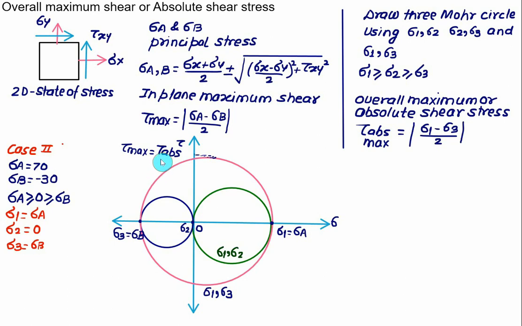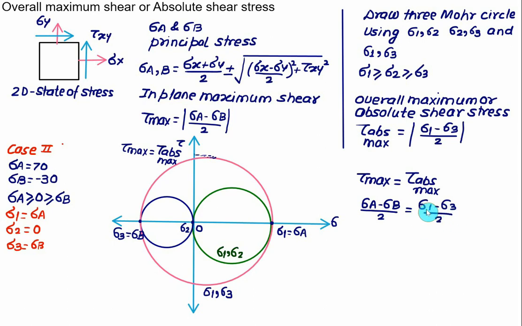So in this case we have tau max, that is the value of in-plane maximum shear, equal to the overall maximum shear, which we write as tau absolute maximum. In-plane maximum shear is given as sigma A minus sigma B divided by 2, whereas the absolute value will be given as sigma 1 minus sigma 3 divided by 2.